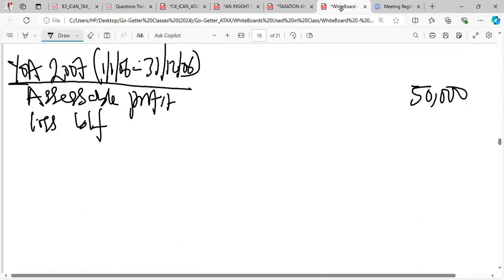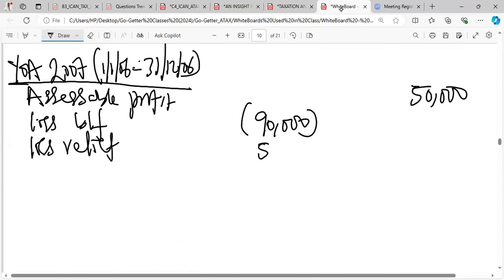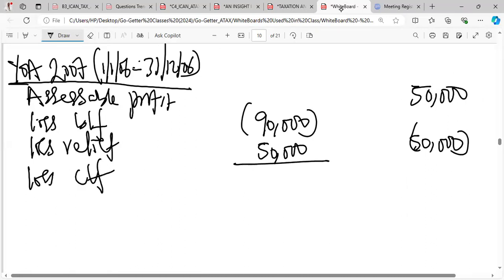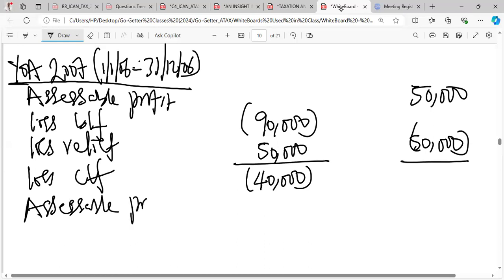So we'll bring the 90,000 now. Loss relief, we can only relieve 50,000. Loss carried forward, that should be 40,000. Then we have assessable profit. That should be nil.